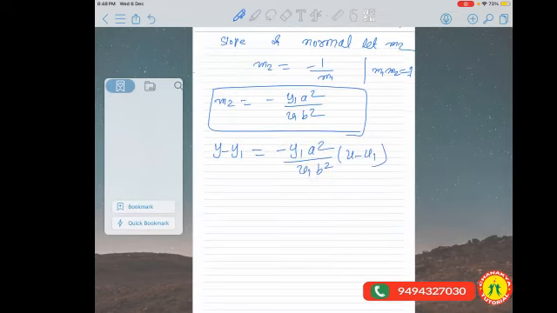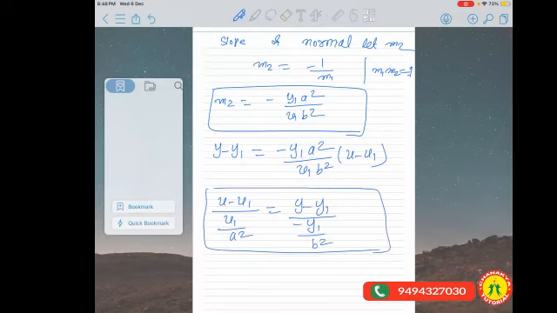Simplify this equation. After simplifying, we get in simplified form x minus x1 by a square equal to y minus y1 upon minus y1 by b square. This is the equation of normal in simplified form.